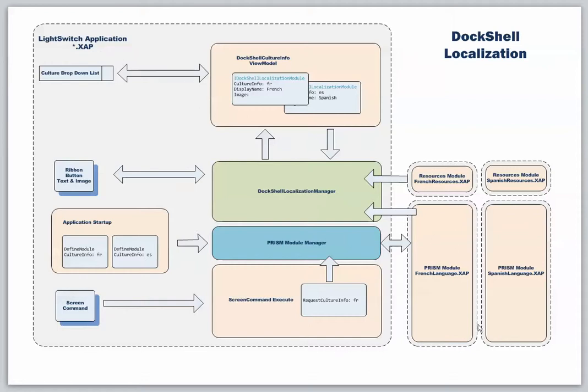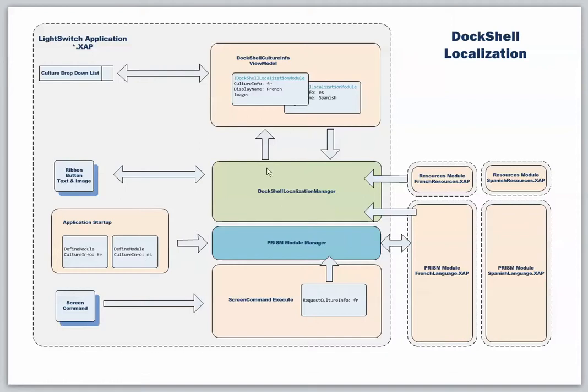And these ZAP files will actually be modules that provide instruction on how to load the external resources. Then we have in this green area a new functional component called the DockShell Localization Manager, and that's part of the core framework.